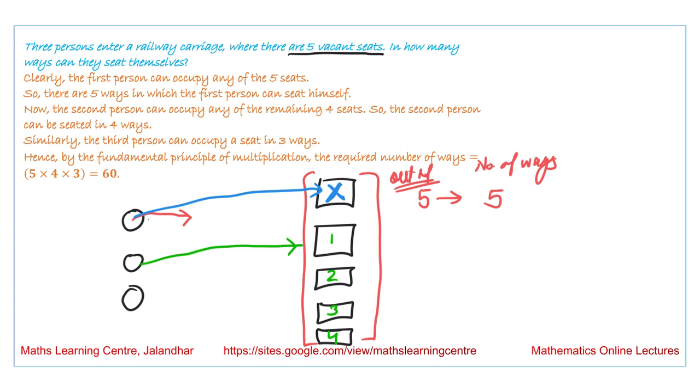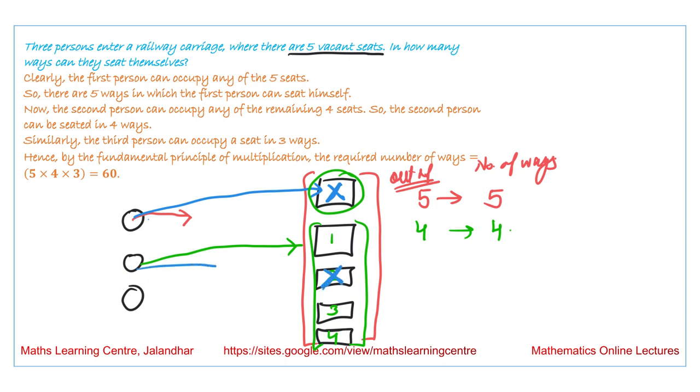Either they are entering together or they are entering one after the other. Now when one person has occupied a seat, the second person is left with 4 seats. So out of 4 seats, there are 4 ways in which he can sit. He sits at this seat, suppose.